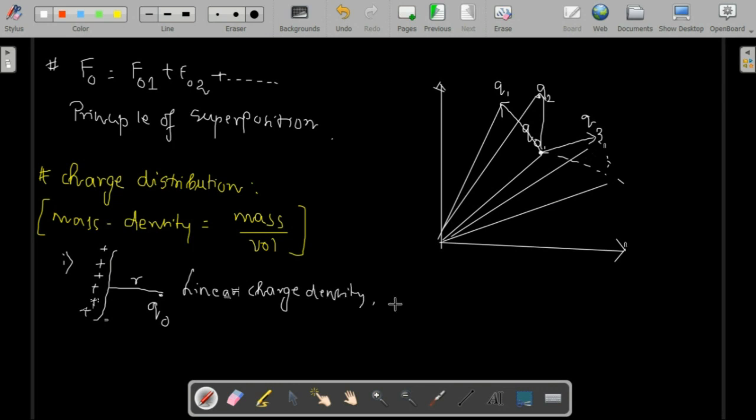If we take a very small space, let's say dq, for this particular space, the linear charge density, let's denote it by lambda. Mass density was denoted as rho, if you remember. We're denoting it by lambda.